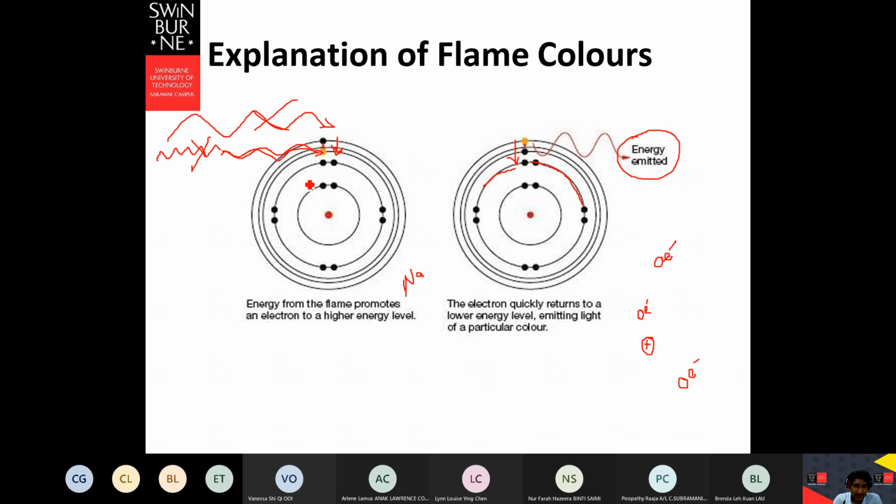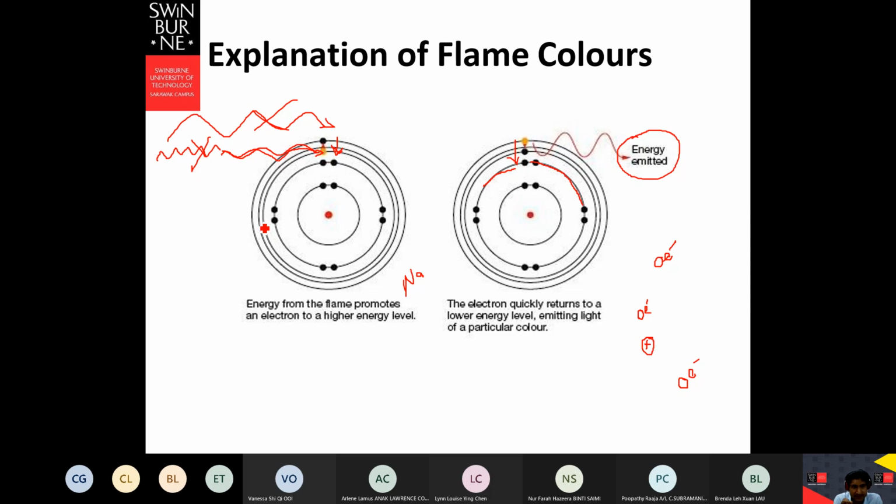So based on this, scientists came up with an idea that, since they absorb certain wavelengths, we can use the same technique to identify them. We can identify if there is sodium or calcium or strontium in the sample.